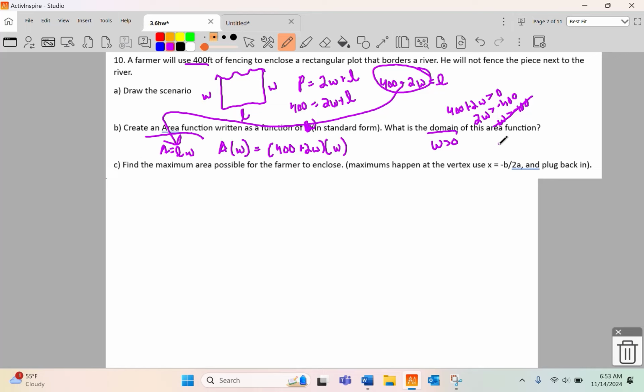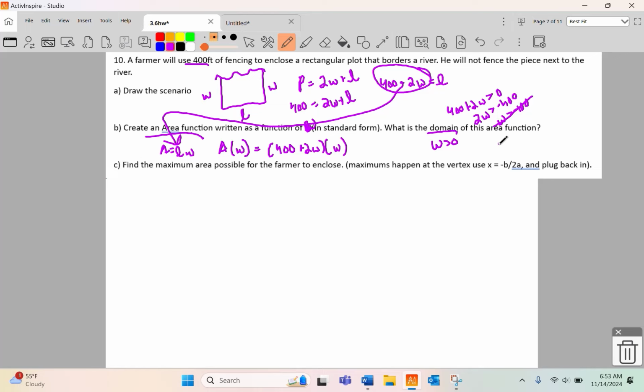The question is, where is it going to stop, right? So the width is bigger than 0. The length has to be bigger than 0. Actually, they can be the same. That's the only thing that I think really matters in the context of this problem.